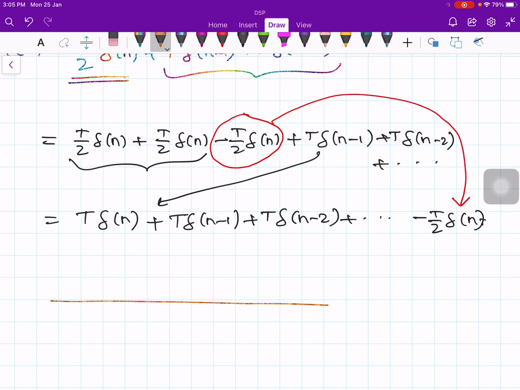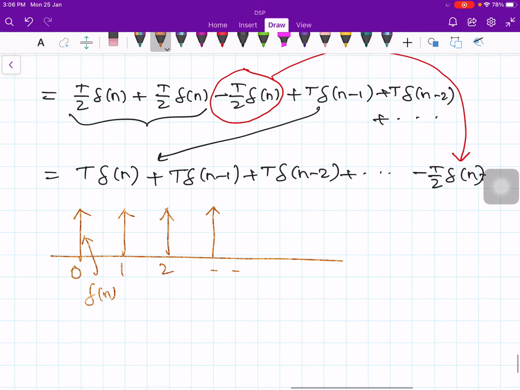Now if you draw this, this is T, this is T, this is T, delta of n, what is the strength? Do you not see that this is equal to T times u of n?